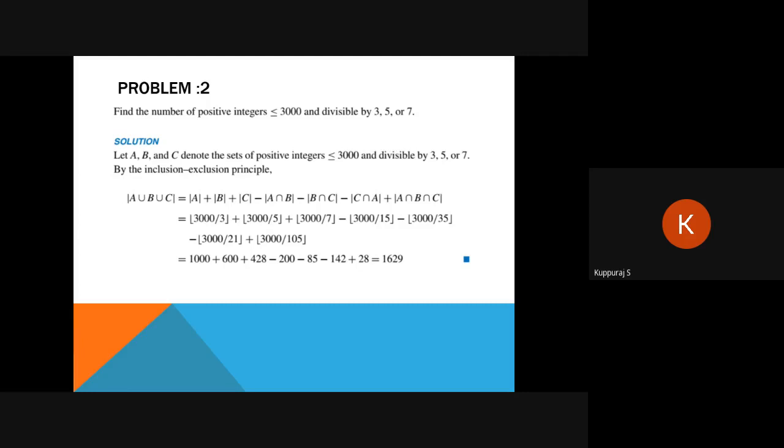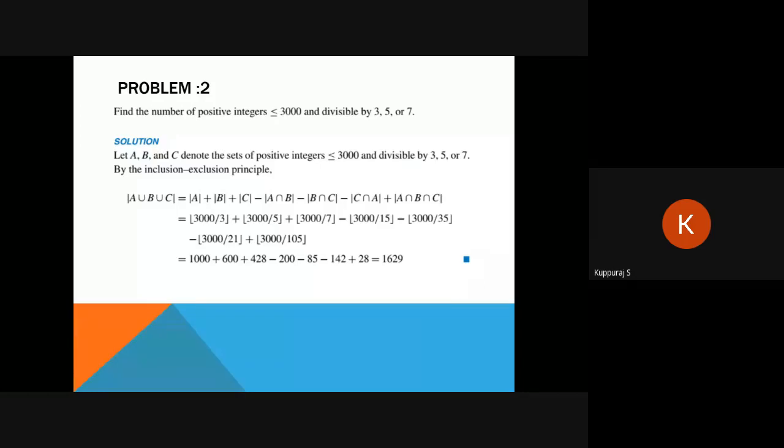Instead, just find the fourth value, that is 3000 by 15, because we already have 3000 by 3. Then divide by 5, and you will get the fourth value. Then divide by 7, and you will get the seventh value, 3000 by 105.